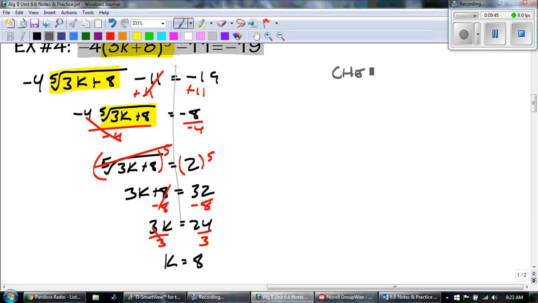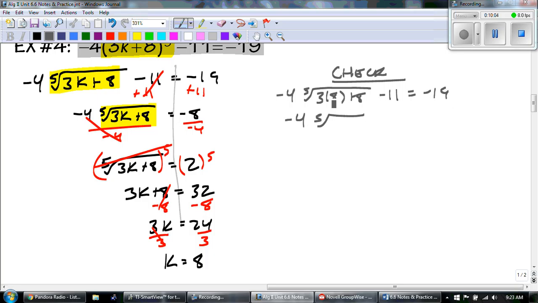So remember, we have to come over here and do this check. Negative 4 times the 5th root of 3 times 8 plus 8 minus 11. Does that equal negative 19?